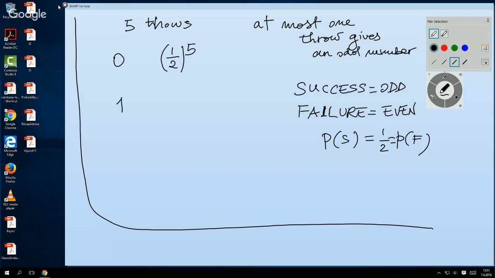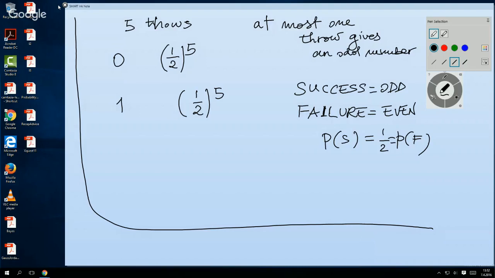What is the probability of getting exactly 1 success? Well, it's again these times the number of ways of getting exactly 1 success. How many ways are there of getting exactly 1 success? You don't even need to calculate the binomial coefficient. You get 1 success either in the first, or in the second, or in the third, or in the fourth, or in the fifth.